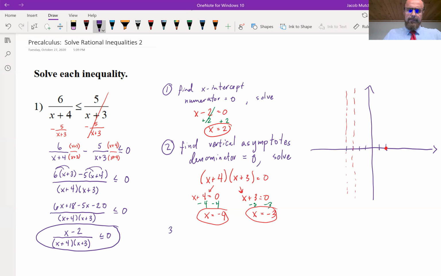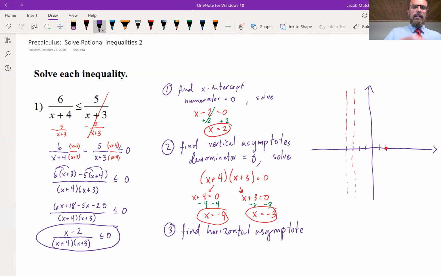Last thing to find before I go graph this on Desmos and create my graph here is I want to find the horizontal asymptote. And remember, horizontal asymptote's a comparison of the high powers on the x terms in numerator compared to denominator.